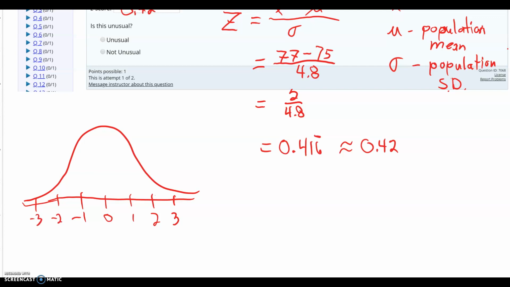And we consider anything unusual. So this part here is unusual, and anything less than 2 standard deviations, unusual. Wow, I can't write.